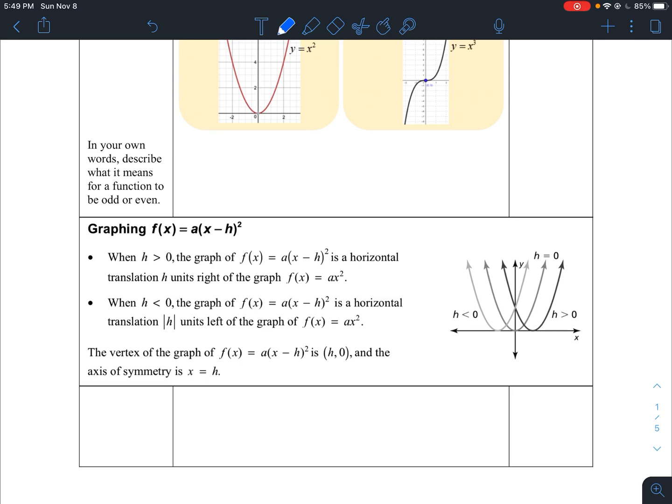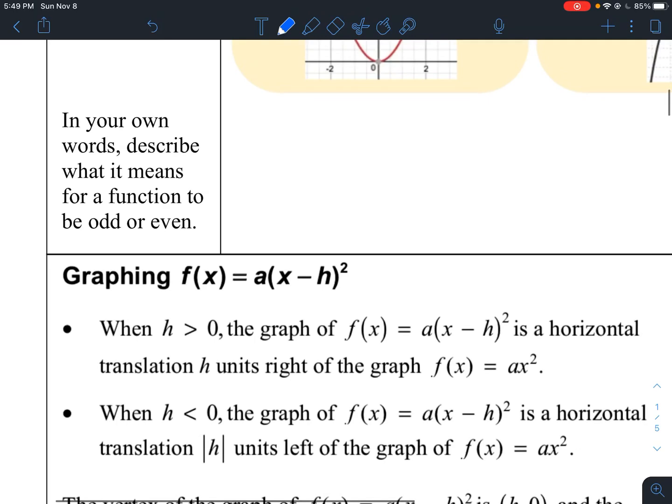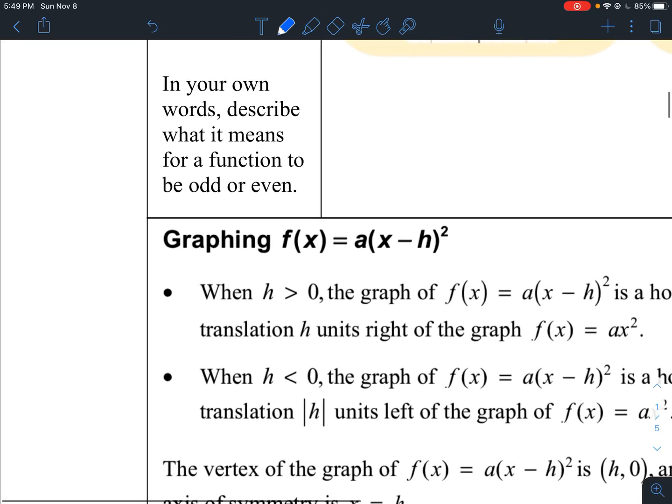So let's get into what the lesson is actually about, which is graphing functions again. So far we have learned how to graph the parent function of the quadratic, and that was y is equal to x squared.